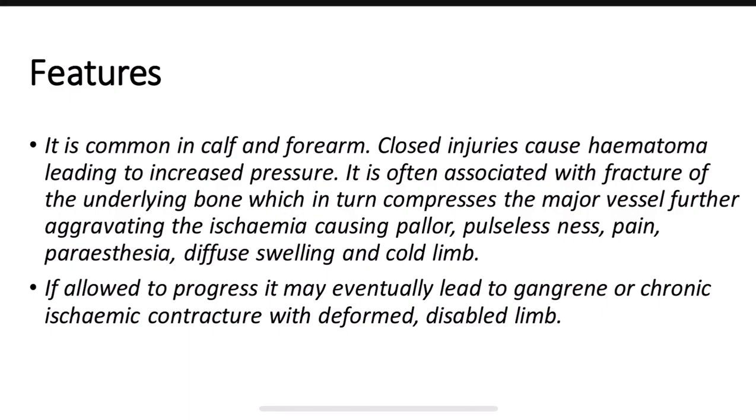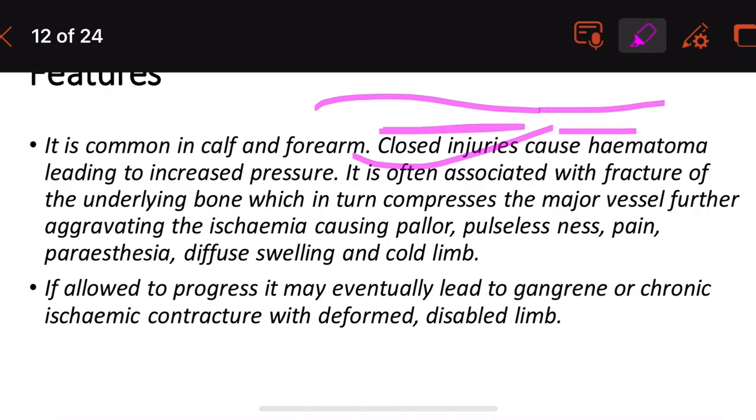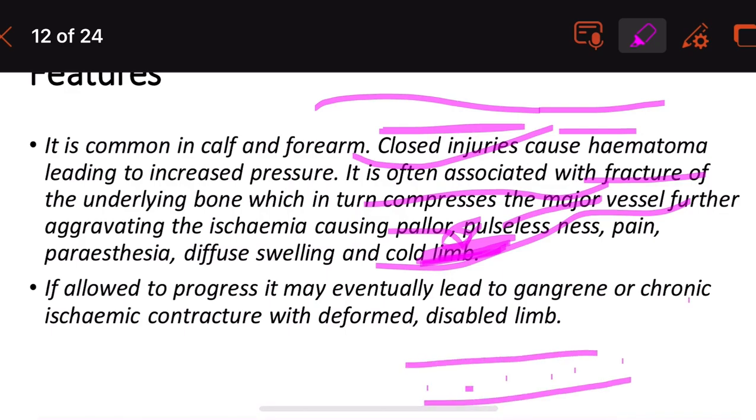You can see here this is the limb, and this was the bone. If there is a fracture of the bone in this muscle, the broken piece is compressing the blood vessels, causing damage to them. So the blood supply is obliterated.